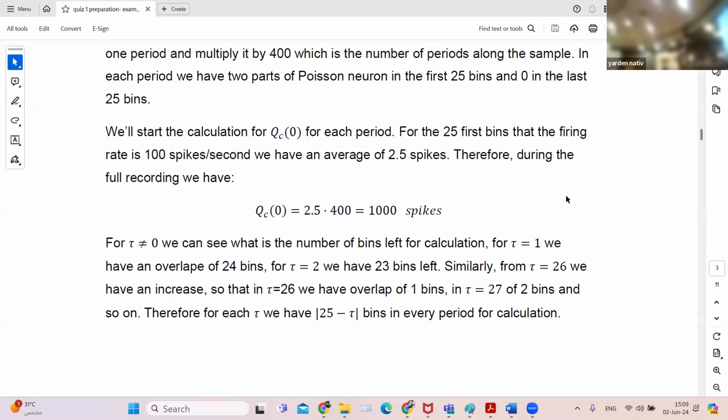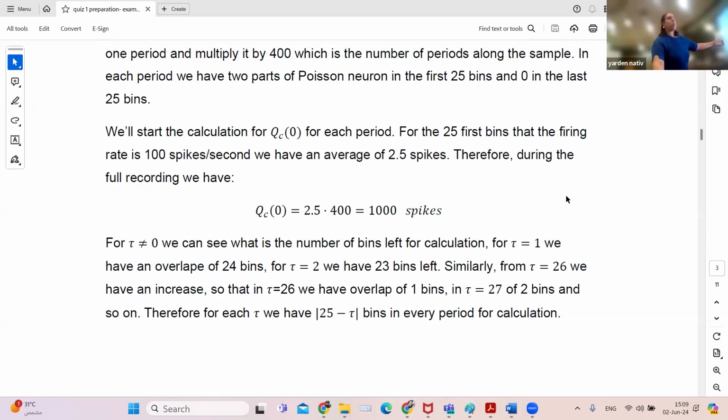Sorry, overlapping of 1, yes, exactly, because now I need to climb back. So each time I'm linearly taking away 1 possible bin, and after 25, I'm taking back 1 possible bin. So I try to write it mathematically.